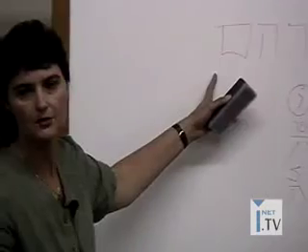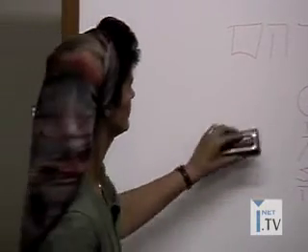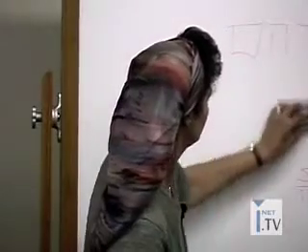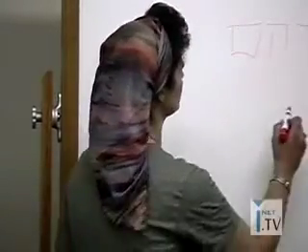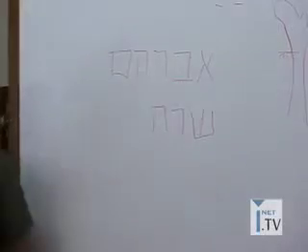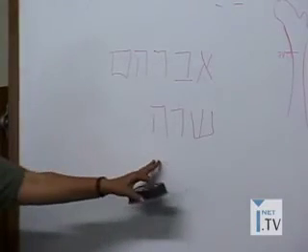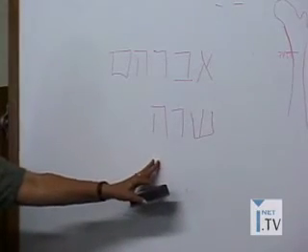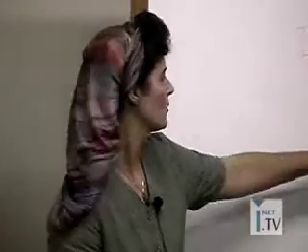Abraham becomes a father of nations. Sarai becomes Sarah, which is princess, the princess of all nations, with a feminine ending.